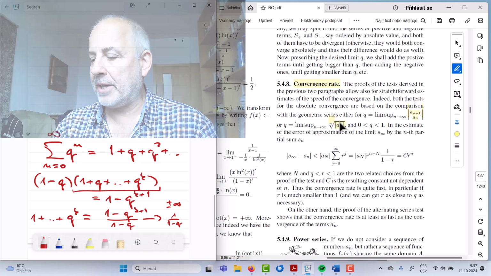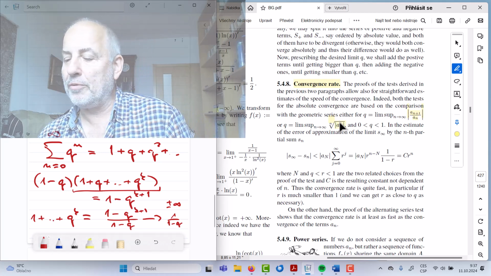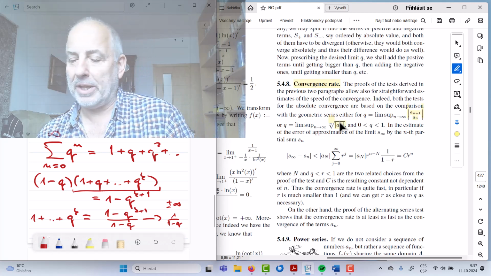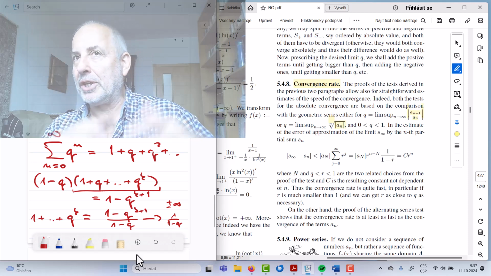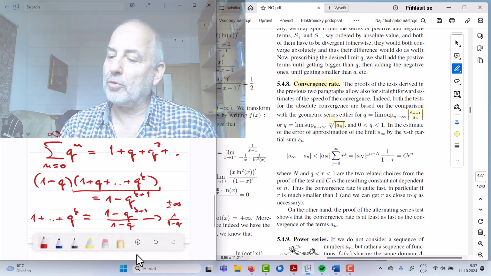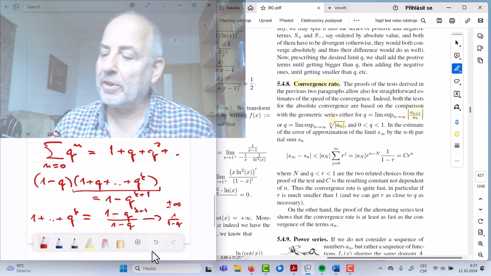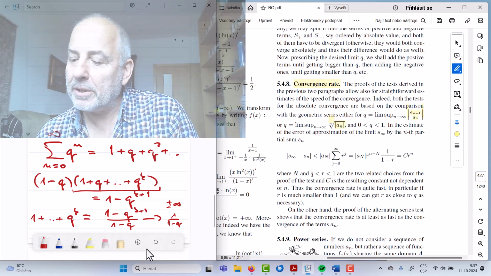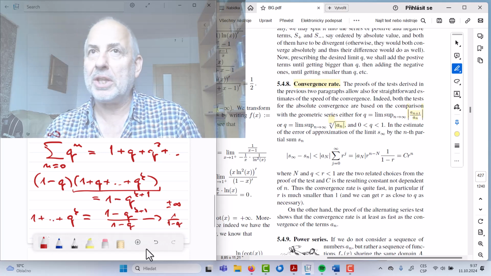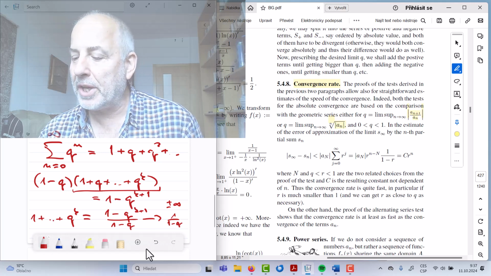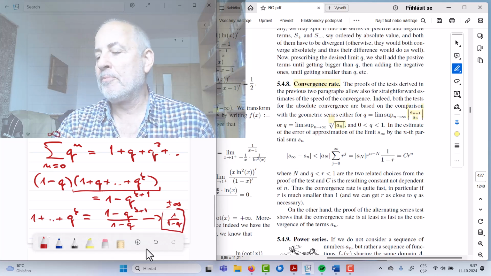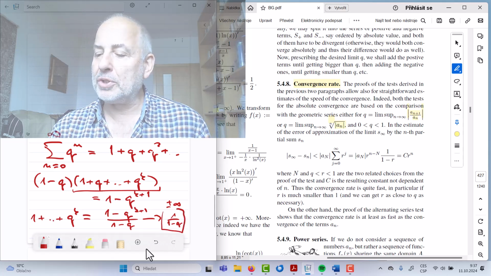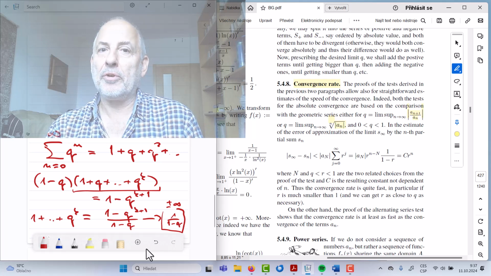If q is real and its absolute value is not less than 1, it goes to plus or minus infinity; if I took the absolute value for complex numbers, it would always be plus infinity. But the interesting case is if q is less than 1 in absolute value, and then we see the result. It's this one, and you also see the rate of the convergence.